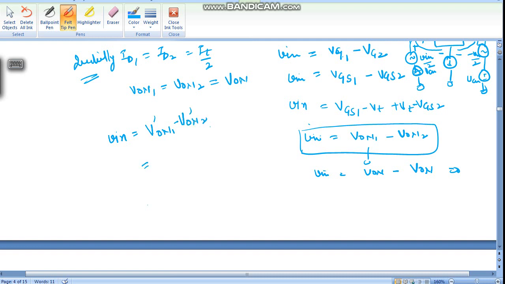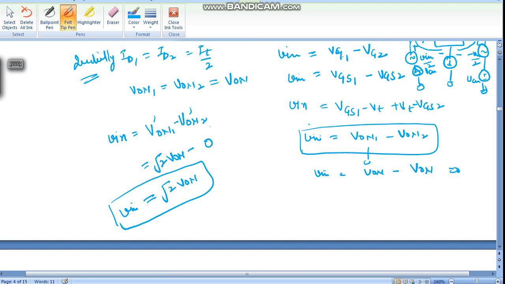VON2 is basically 0, and new VON1 is square root 2 of VON. So new Vin is square root 2 VON. Here VON1 and VON2 are equal because ID1 equals ID2 when Vin is 0.